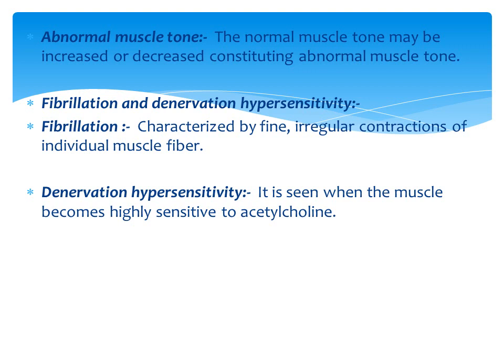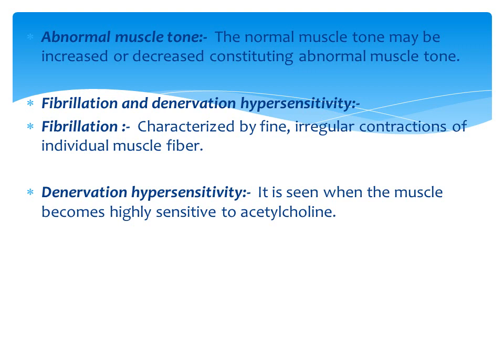Coming to abnormal muscle tone, sometimes the normal muscle tone may be increased or decreased, constituting abnormal muscle tone. Sometimes you can see the muscle tone of the hands or neck muscles is increased, or sometimes the tone is very low, as in the hands or the calf muscles.